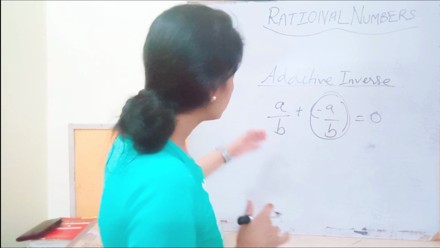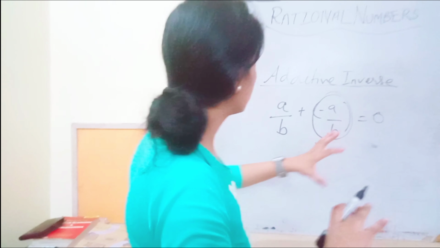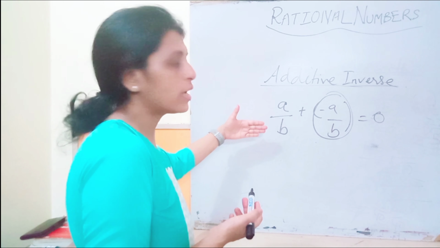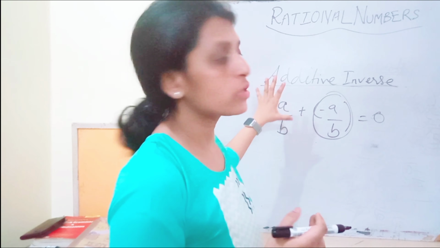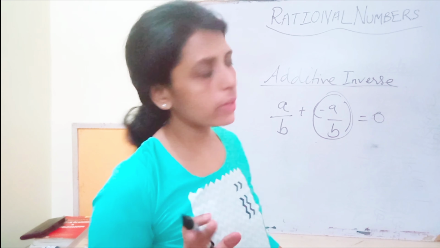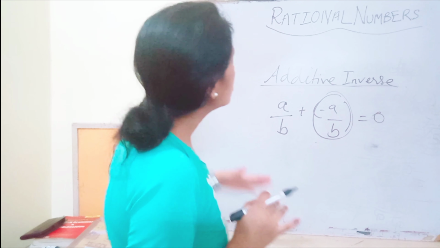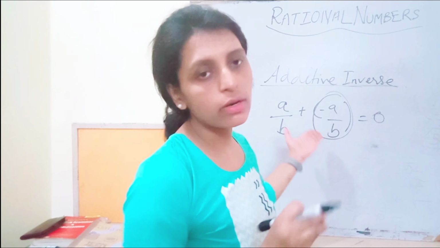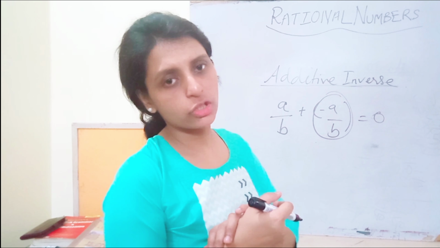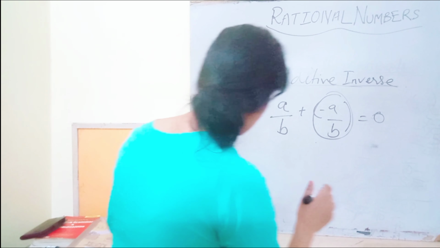Okay, जैसे कोई भी पॉजिटिव rational number, अब पॉजिटिव rational number क्या होता है? जिसका न्यूमरेटर एंड डिनोमिनेटर दोनों ही उसके इंटीजर्स जो होते हैं वो पॉजिटिव होते हैं, तो दैट इज अ पॉजिटिव rational number. ओके, तो हर पॉजिटिव rational number का एडिटिव इनवर्स क्या होता है, उसका नेगेटिव rational number of that particular. एक एग्जाम्पल से हम देख लेते हैं.